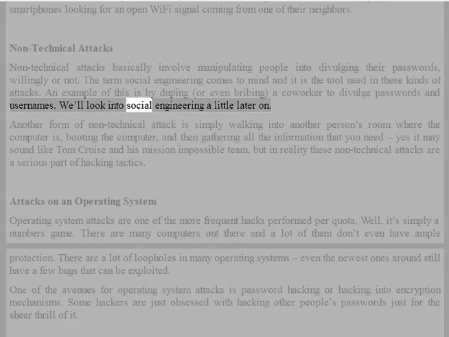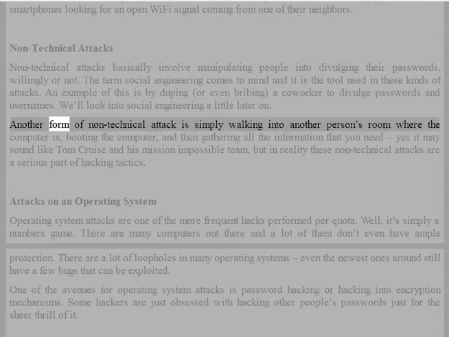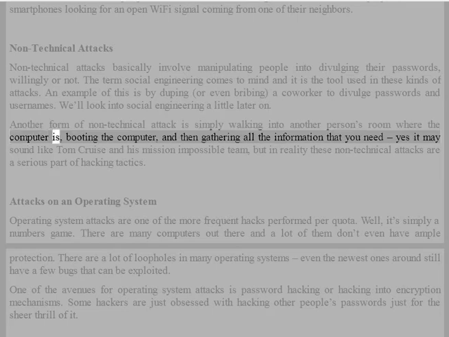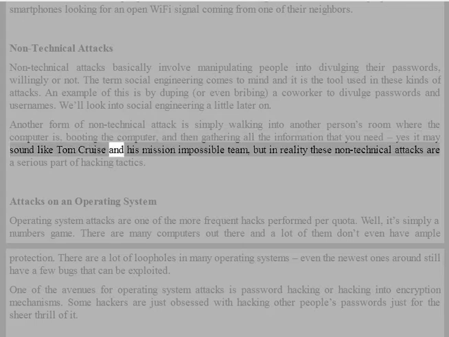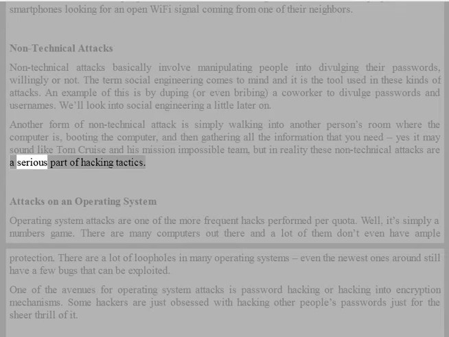We'll look into social engineering a little later on. Another form of non-technical attack is simply walking into another person's room where the computer is, booting the computer, and then gathering all the information that you need. Yes, it may sound like Tom Cruise and his Mission Impossible team, but in reality these non-technical attacks are a serious part of hacking tactics.